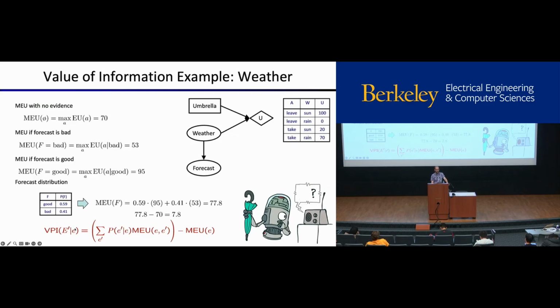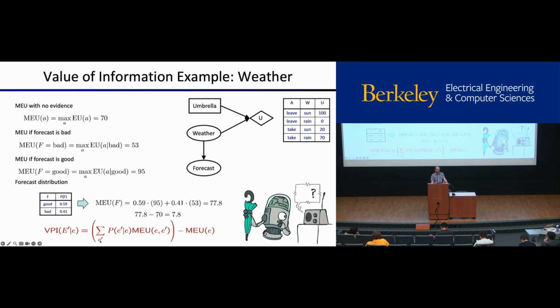And here it is in general. If we've already observed some evidence variables, E, and we're interested in observing the evidence variables E prime, so we know the values that E takes. We don't yet know the value that E prime would take. The way we calculate that is, ultimately we're going to subtract off the maximum expected utility we'd get not knowing anything.